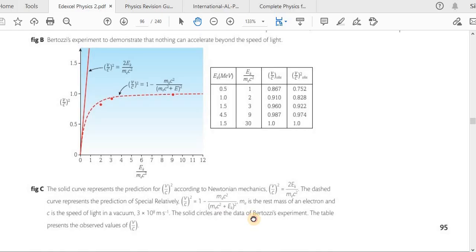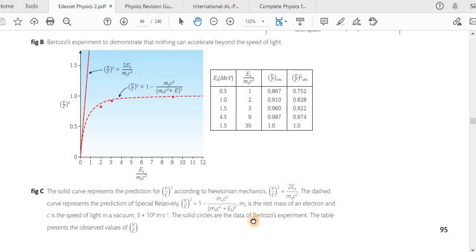The solid circles are the data of Bertozzi's experiments. The table presents the observed values of v over c. So you can see the observed values. Okay, you can have a look at this table.